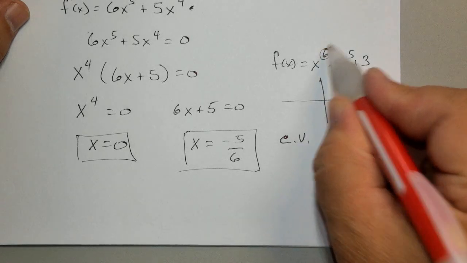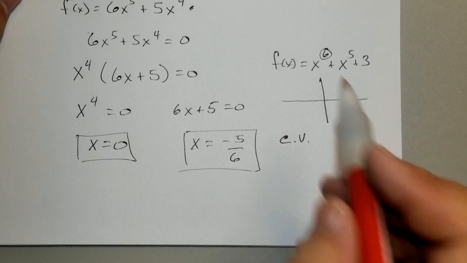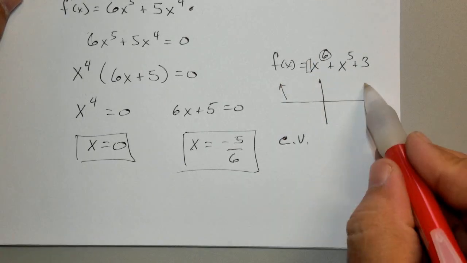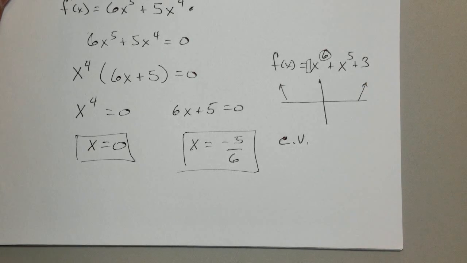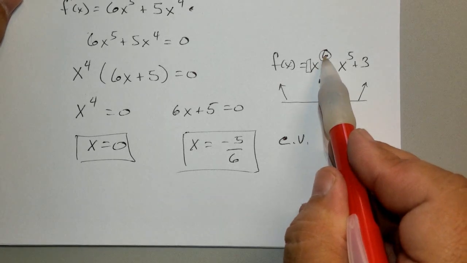The degree is the highest exponent. So it's degree 6, which tells me that the end behavior of the graph, both ends point the same direction. Since it's positive, they both point up. We'll have at the most 6 x-intercepts.